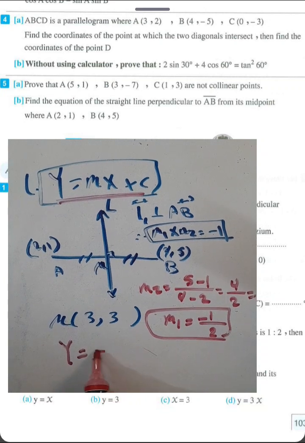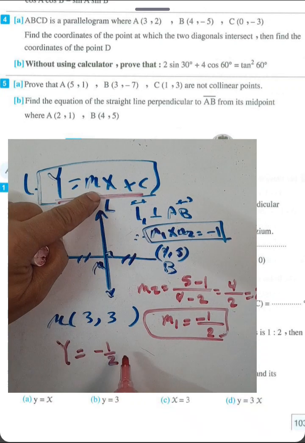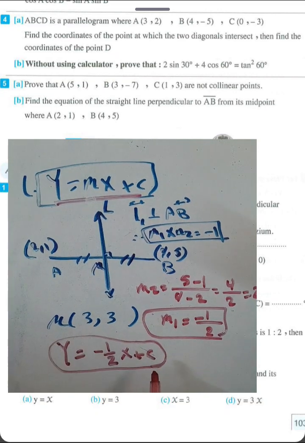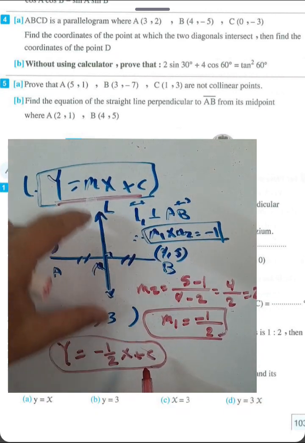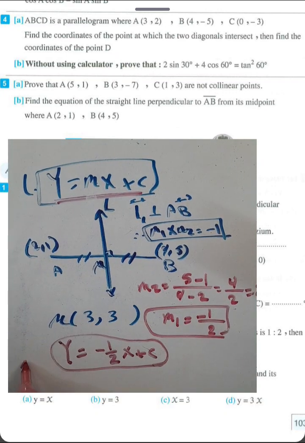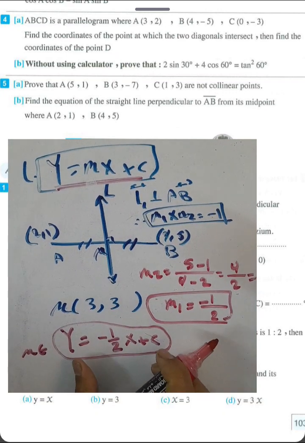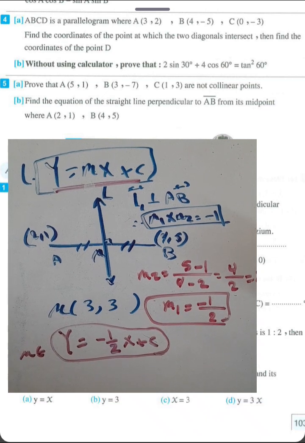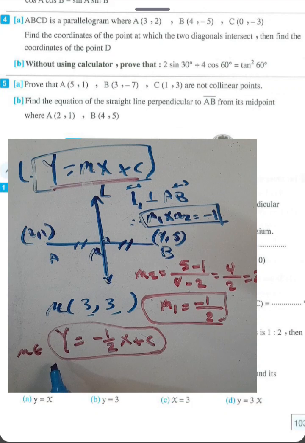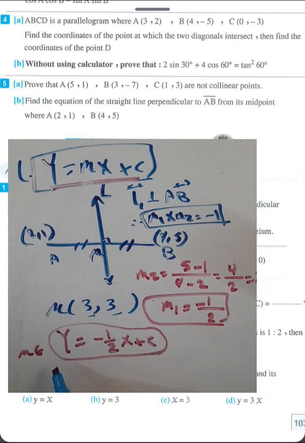Then you can write the equation of the straight line: y equals -half times x plus a constant. We want to find the constant C. We know the straight line passes through the midpoint, so point M lies on the line. Put x equals 3 and y equals 3.